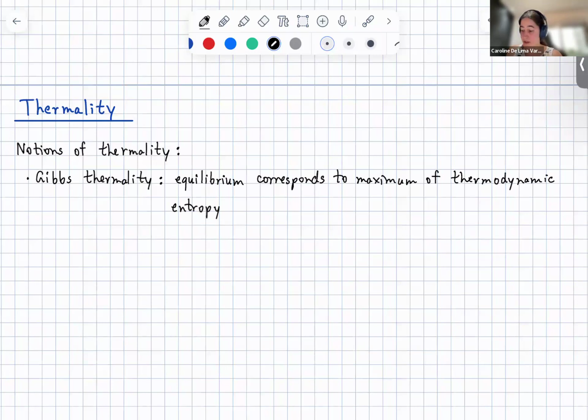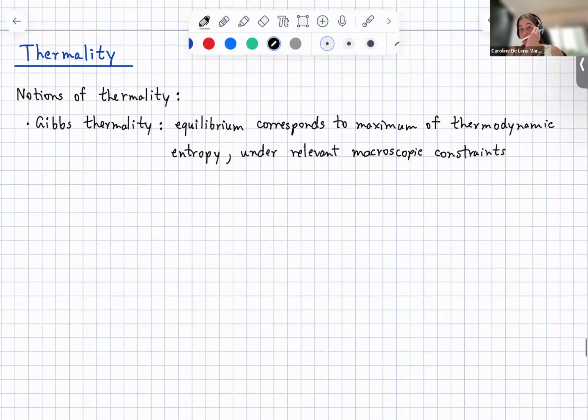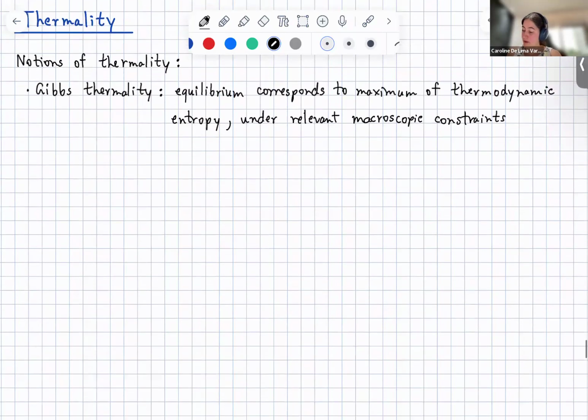And this maximization is done under some relevant macroscopic constraints, right? For instance, fixed energy, right?